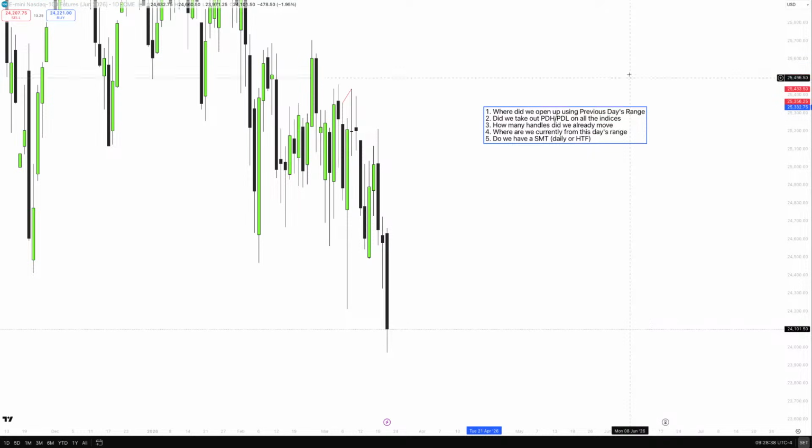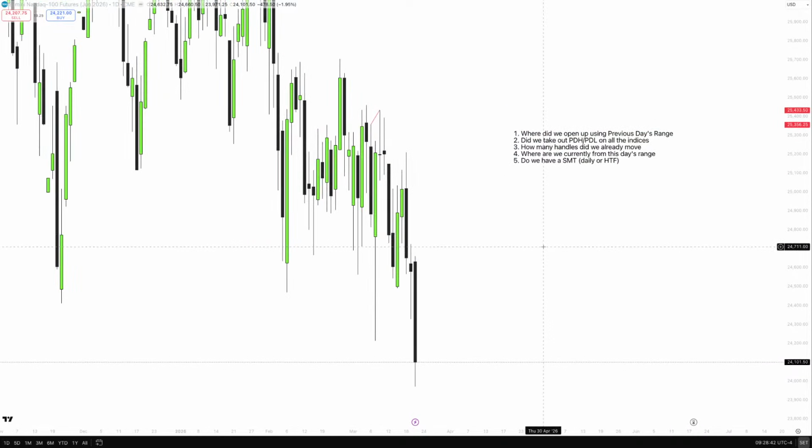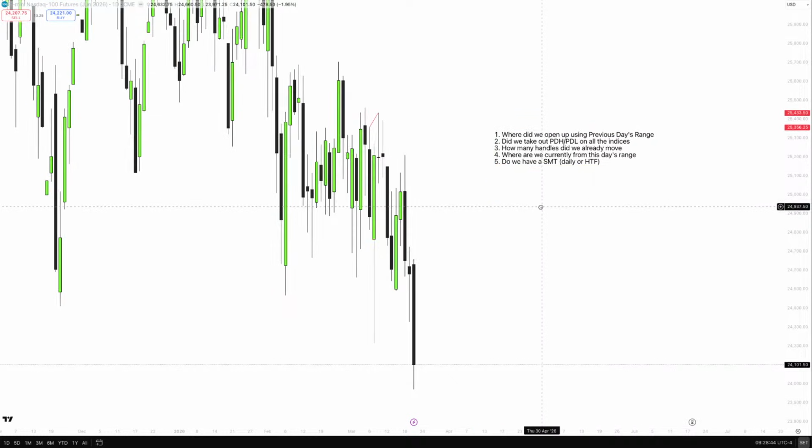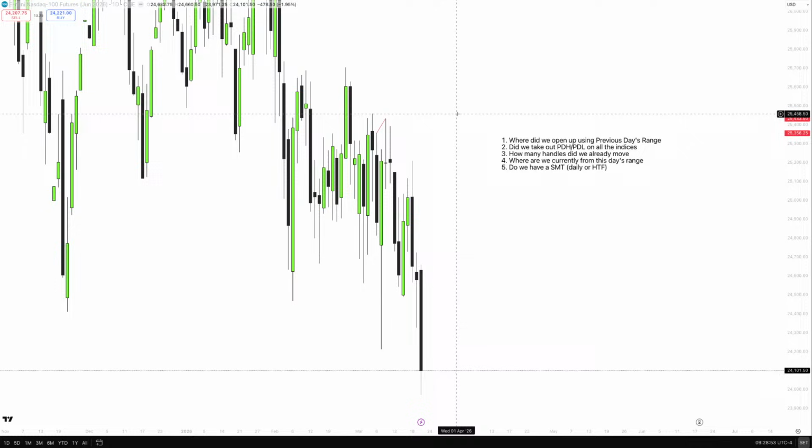So I kind of touched on that briefly when I was showing you and explaining point number 2, like I've outlined right here, the SMT we had with ES and YM on the daily time frame.